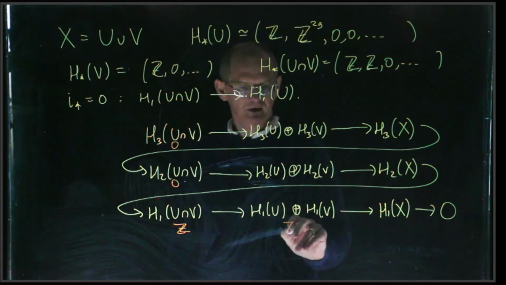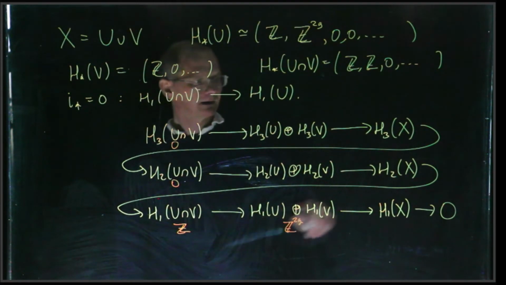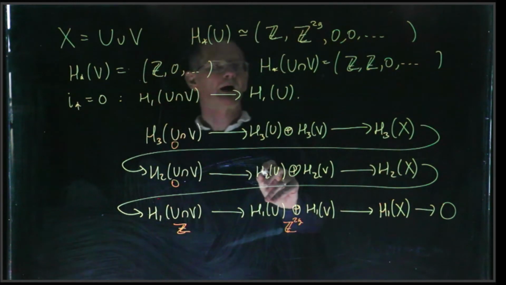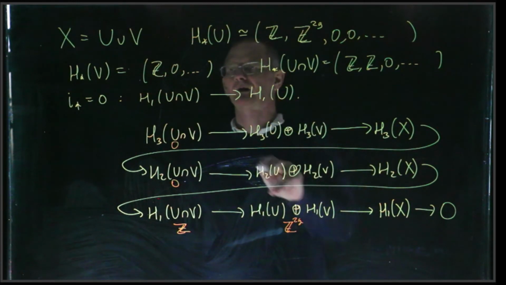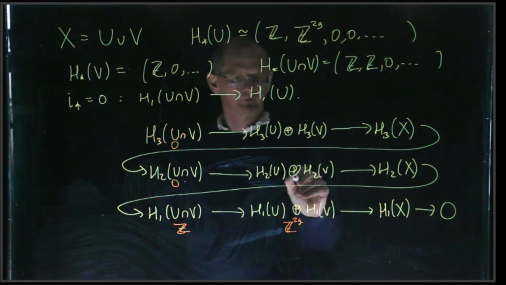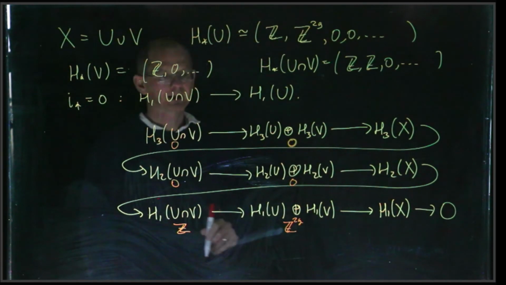So here we've just got our Z^2g. And then here's the H1 of X, that's what we're trying to find out. And then here you've got your H2 of U and V, but certainly H2 of V is trivial, H2 of U is 0. We don't have anything more in this column, just zeros everywhere.